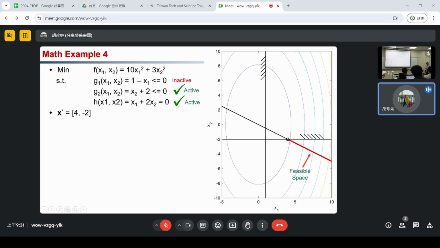And from here, you can see one thing. When I have three functions, three so-called constraints, in Chinese means 限制. When I have three constraints, two are useful. The first one is no longer useful because it doesn't matter. If I get rid of the first one, it doesn't change the solution.